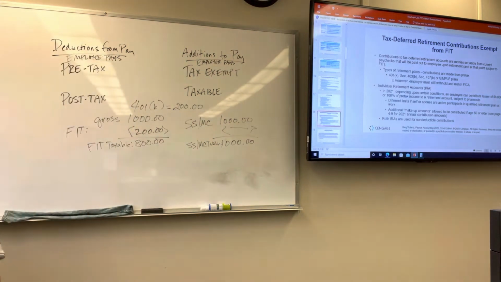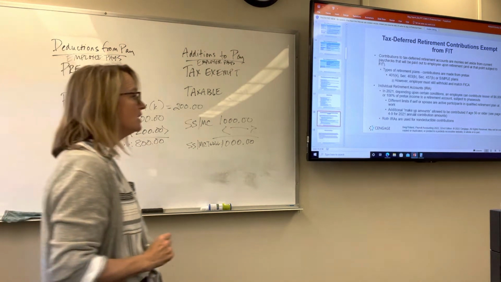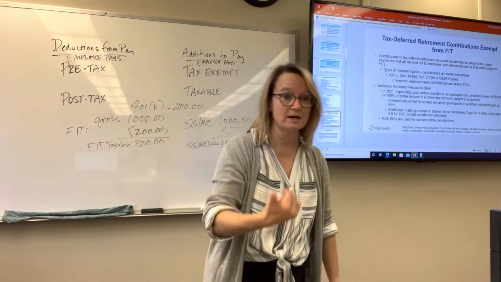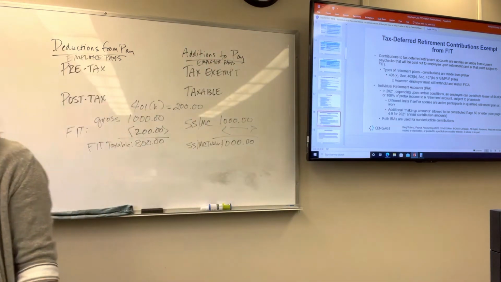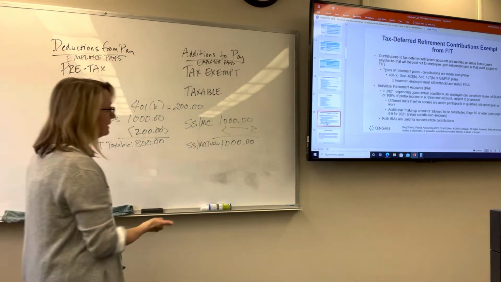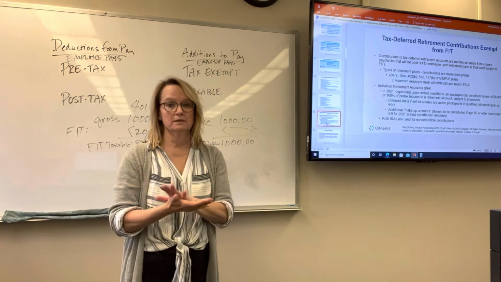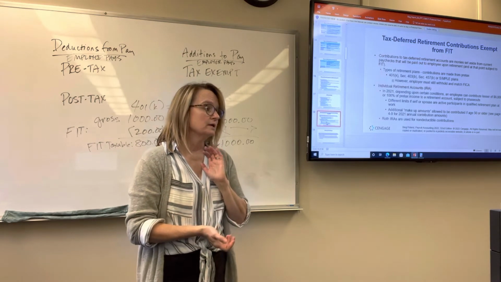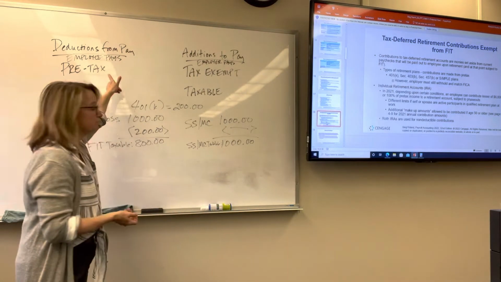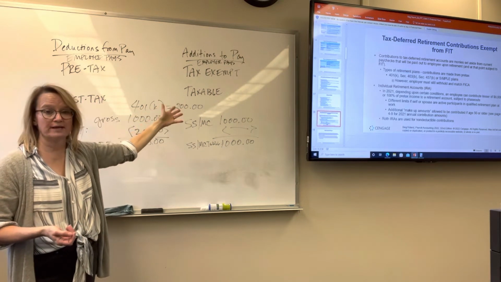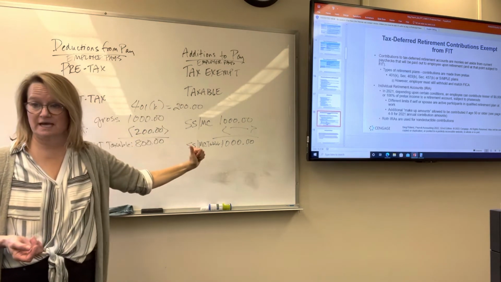You cannot contribute to an IRA once your income gets to a certain level, if you're covered by another retirement account. Questions about retirement accounts? The big thing to remember is that difference between how the employee contributions are handled for Social Security tax purposes versus how they're handled for federal income tax purposes.